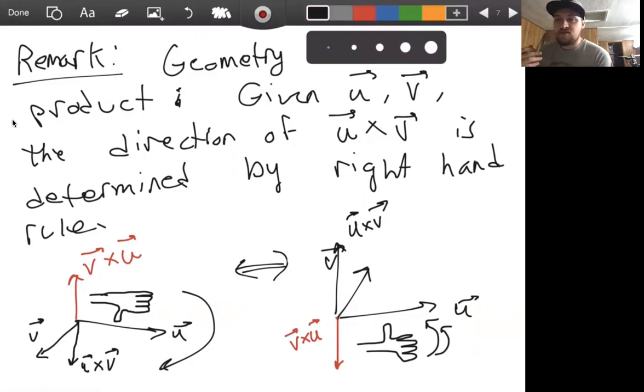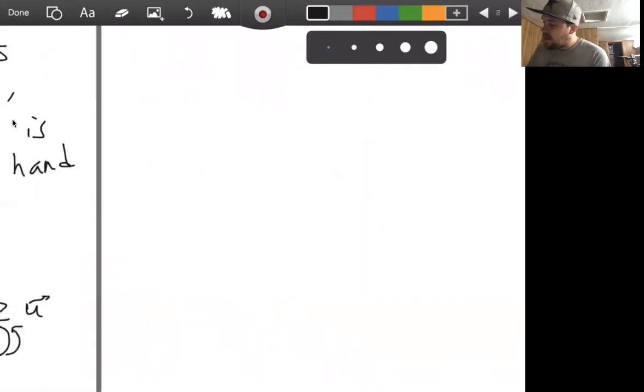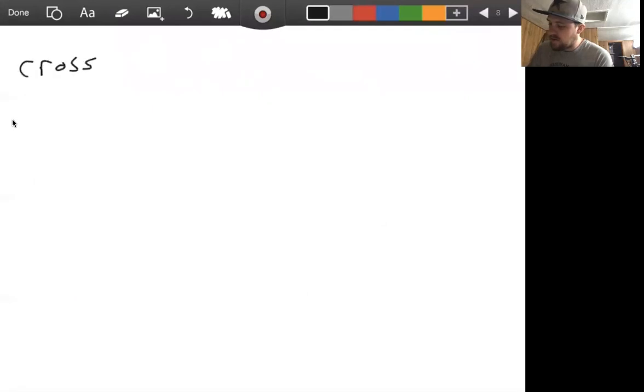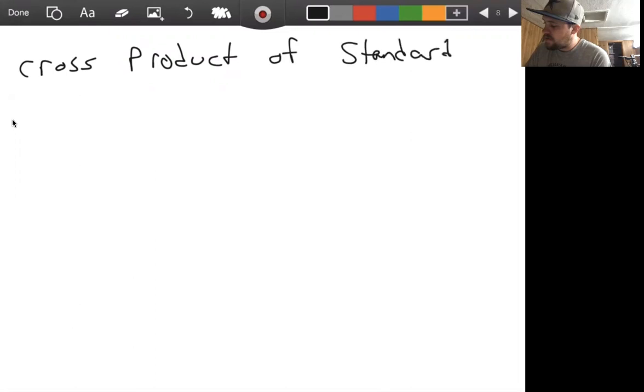Next, I would like to just state some handy results and a handful of properties. So first, let's compute the cross product of standard unit vectors. This will be very important as we move forward.